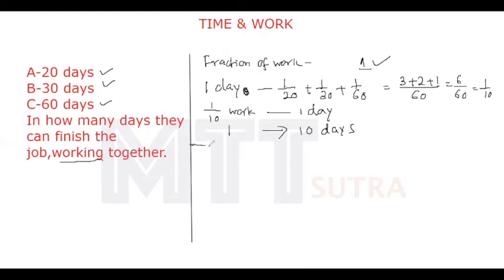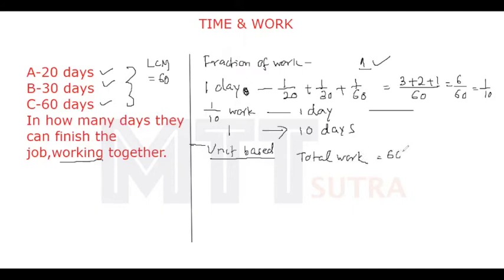Now let us discuss the unit based approach. Again, you have to take the LCM of 20, 30 and 60. The LCM is 60 only. So the total amount of work I can take is 60 units.